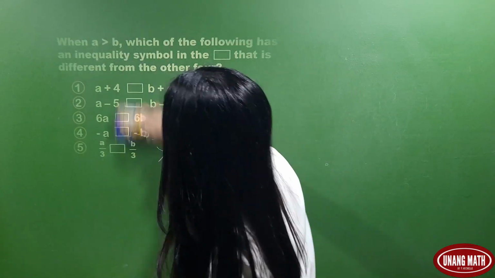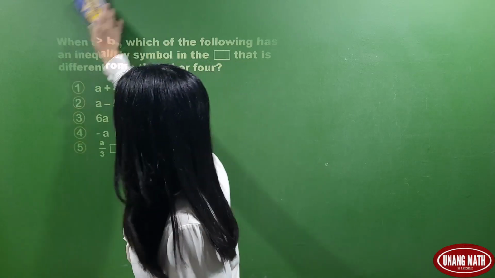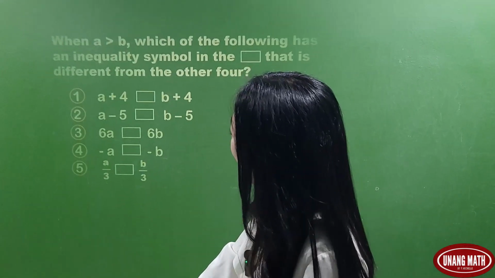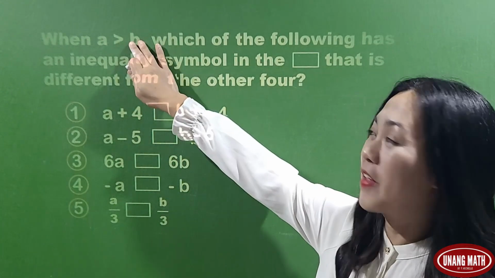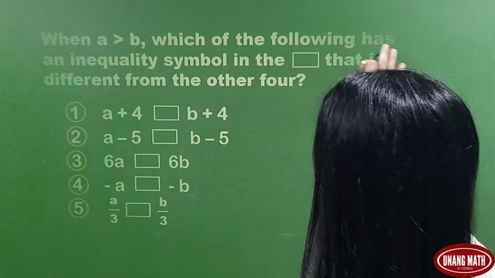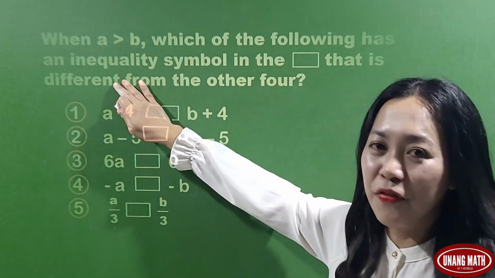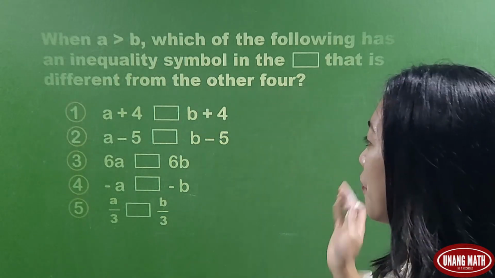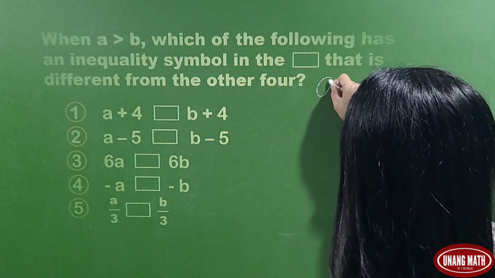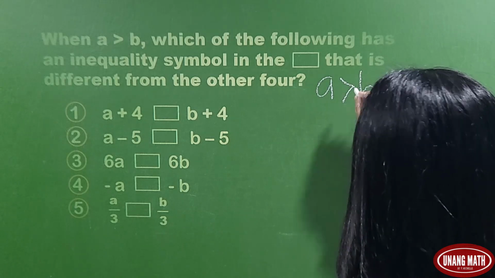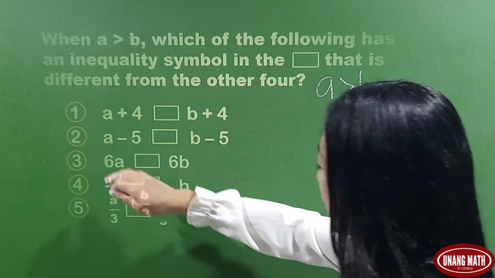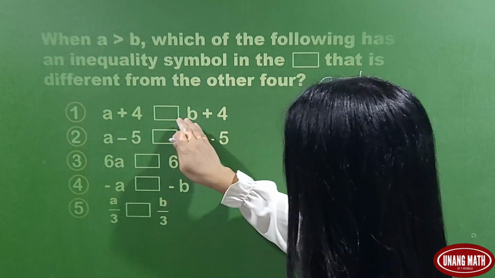Okay, now let's answer the following problems. When A is greater than B, which of the following has an inequality symbol in the box that is different from the other 4? Okay, A is greater than B. Number 1 is A plus 4, B plus 4.